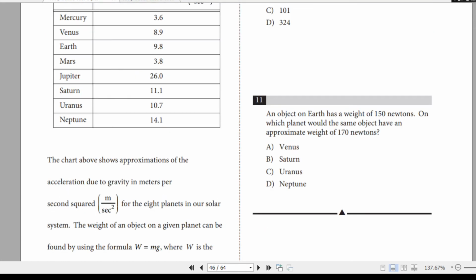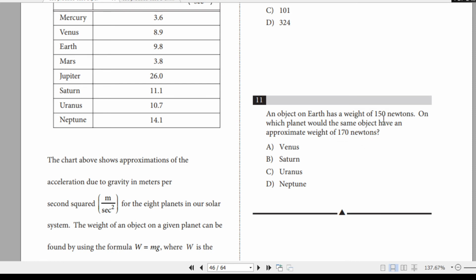Question number 11. An object on Earth has a weight of 150 newtons. The Earth has a gravity of 9.8 meter per second squared, by the way. On which planet would the same object have an approximate weight of 170 newtons?